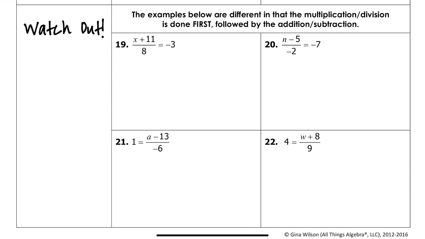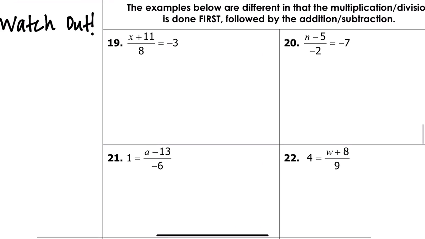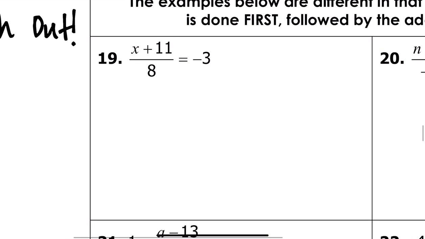So, the examples below are different in that the multiplication/division is done first, followed by the addition/subtraction. So, taking a look at number 19 here, this looks different. We have x plus 11 on top, and it's being divided by another number. So, in this case, we can't just jump in and start adding or subtracting.